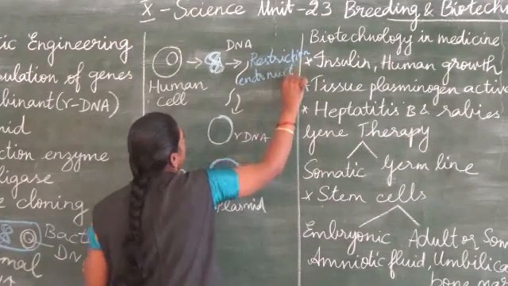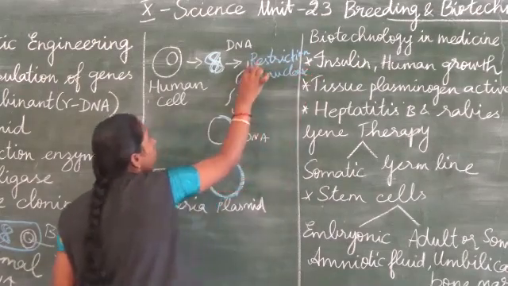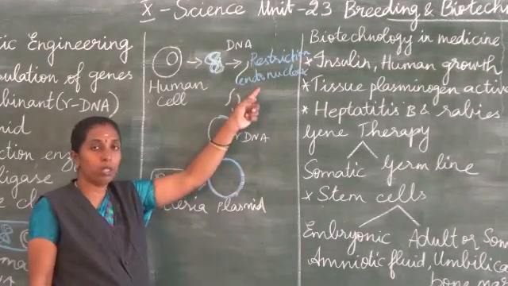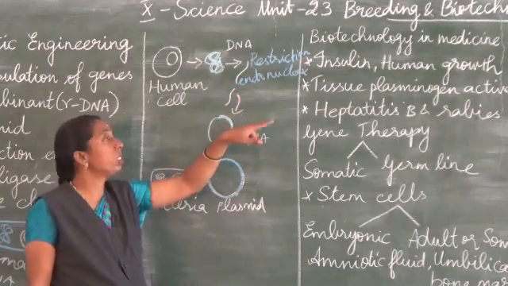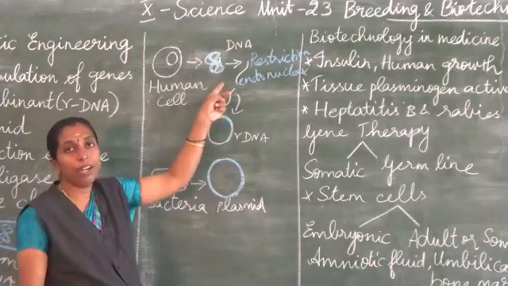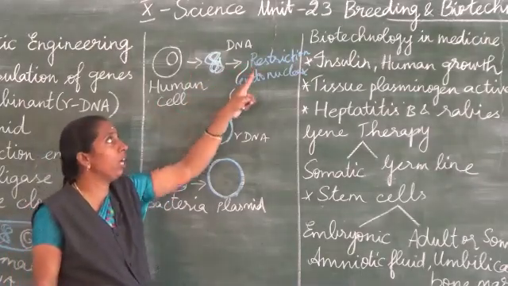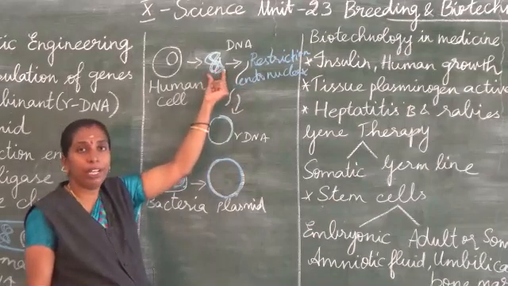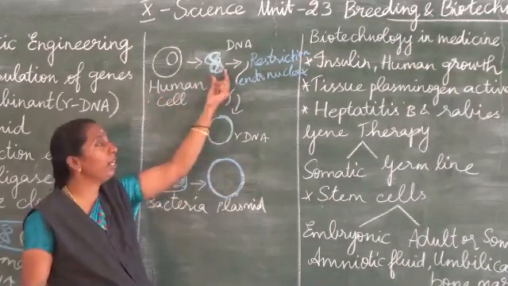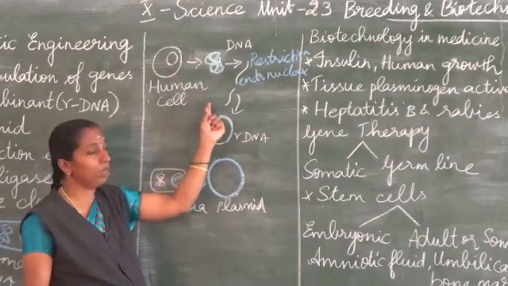The other name for restriction endonuclease is molecular scissor. How do we cut the DNA fragment? Using this enzyme, restriction endonuclease. The desirable DNA, whichever gene we want, is collected from the human cell.